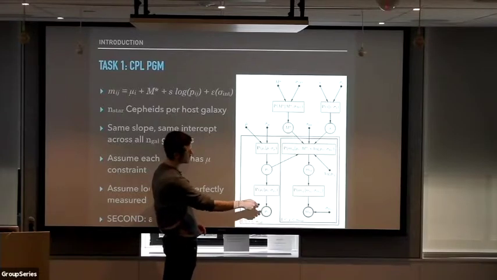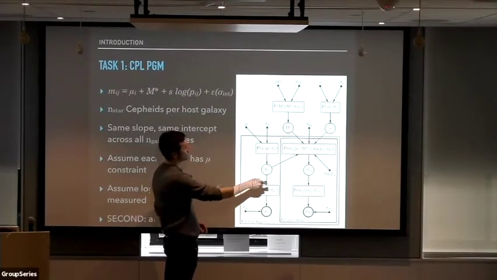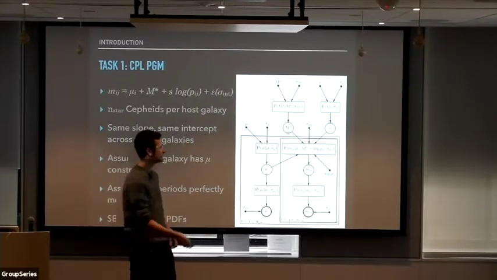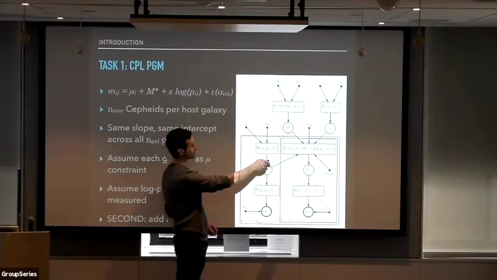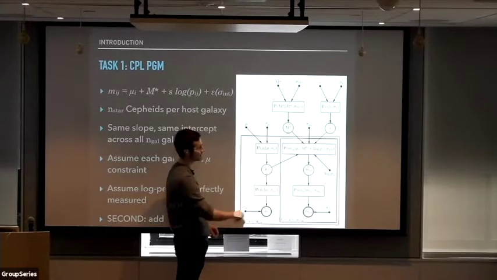And again, this arrow should go up there. Sorry, I'll fix that. Then you have your intrinsic scattering in the Cepheid period luminosity relation. So this is the probability of getting a true apparent magnitude given a distance modulus, the intercept and the slope, and these log periods and the intrinsic scatter.